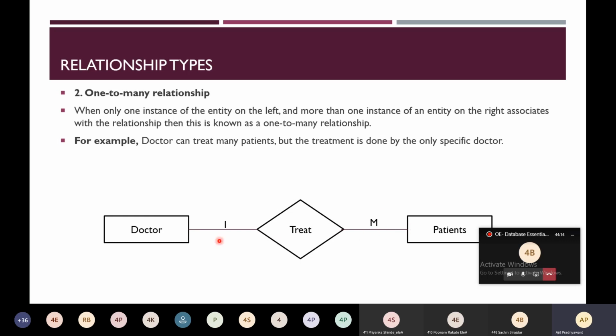By looking at this diagram, you can understand what is meant by one-to-many relationship. One instance of this entity is associated with many instances of the entity on the right. So one doctor treats many patients, and this is how you represent one-to-many relationship.